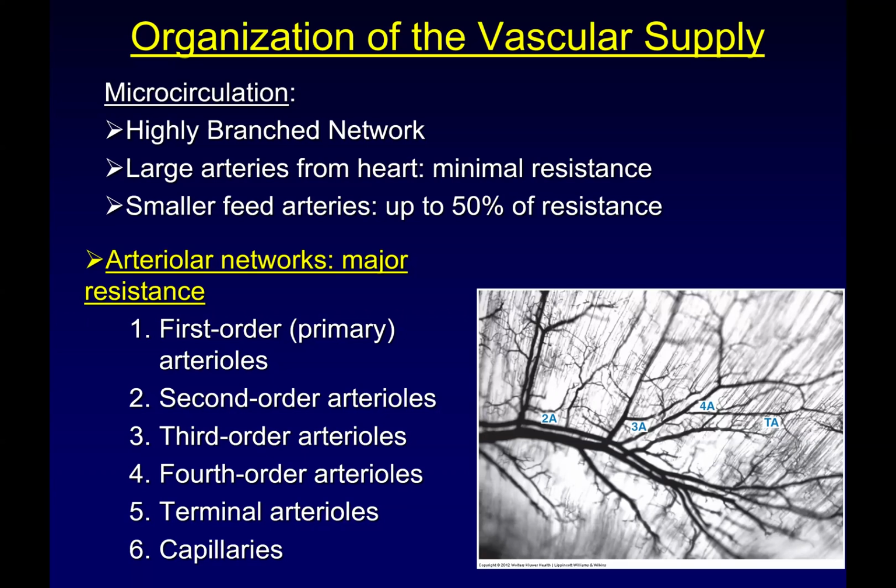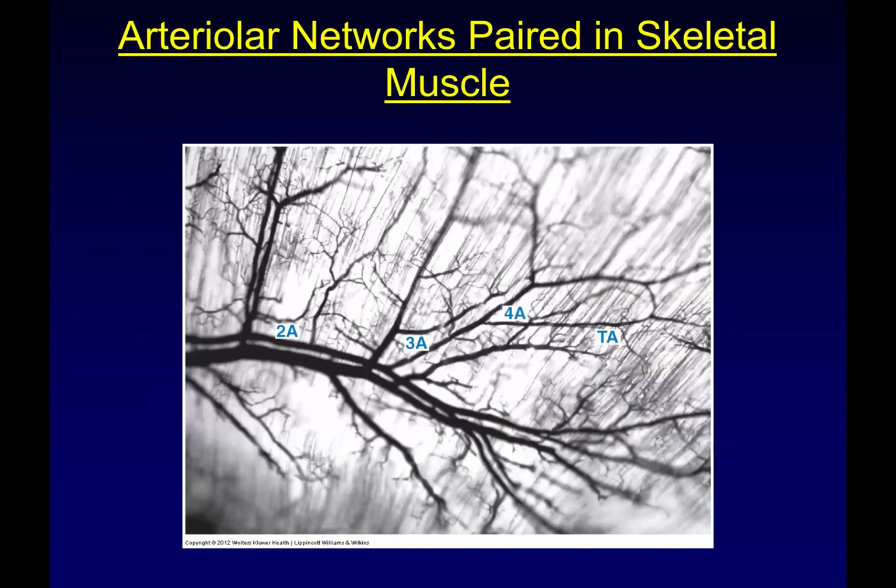So you have all of this highly branched network. And you can imagine a scenario where I can constrict or dilate way down here close to the capillaries and control where blood goes, or I can do it way up here in the big ones and either get a whole bunch more to come in, or I can shut things off up here as well. And this is how we control where blood goes in your body.